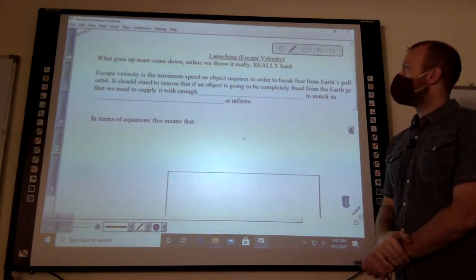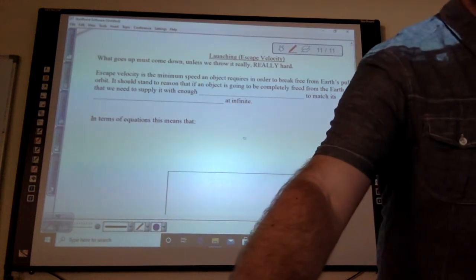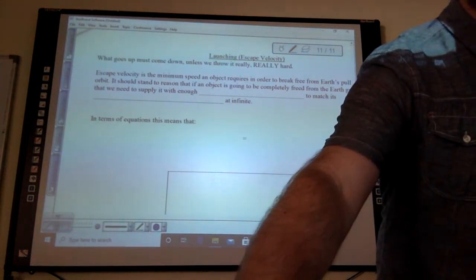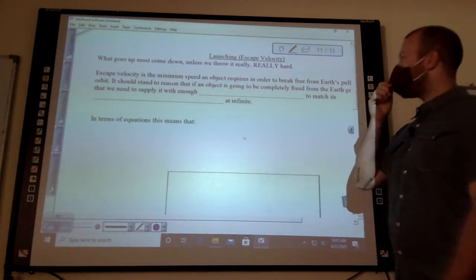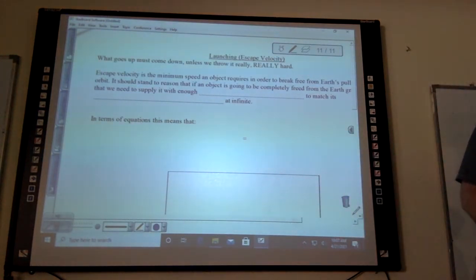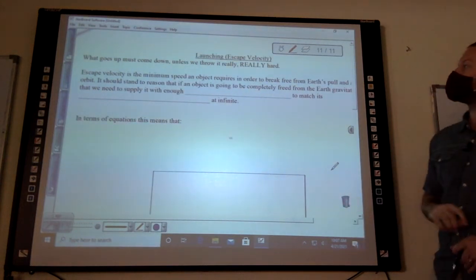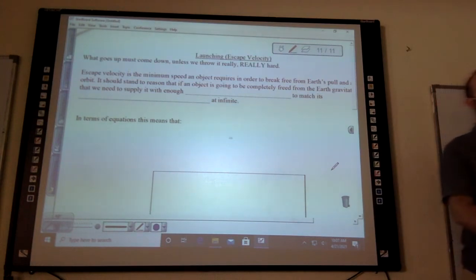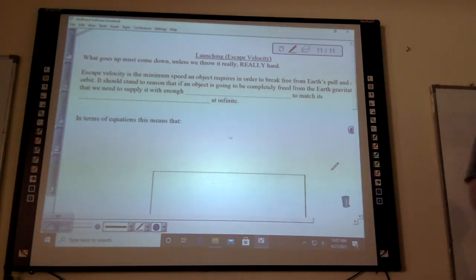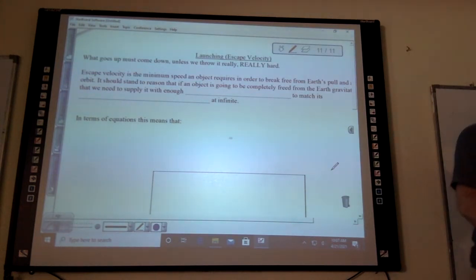One last thing. A very special case that is seen often enough that it's worth going over. What goes up must come down, unless you throw it really hard, then it'll escape the Earth's gravity. Escape velocity is a specific term for the minimum velocity you give an object in order for it to break free of Earth's gravity.